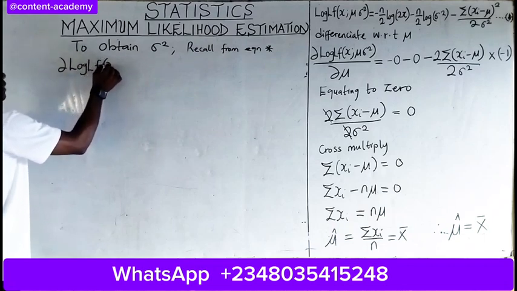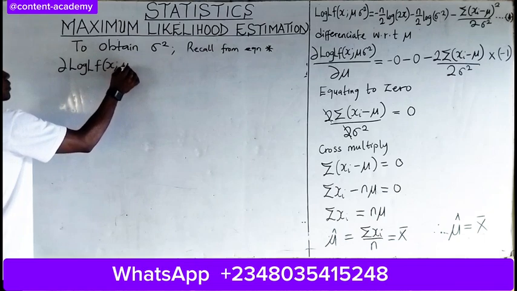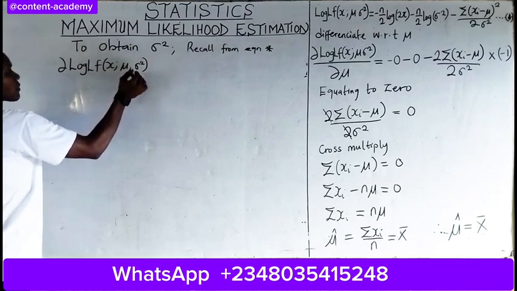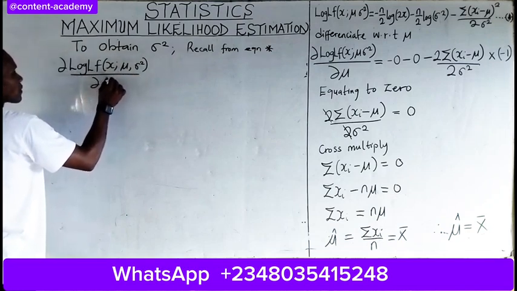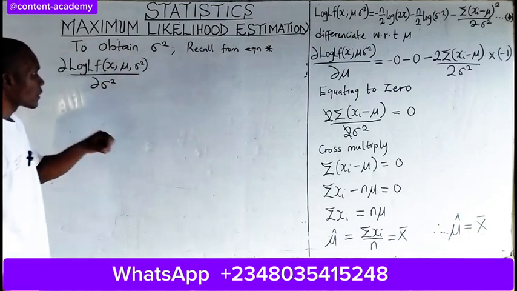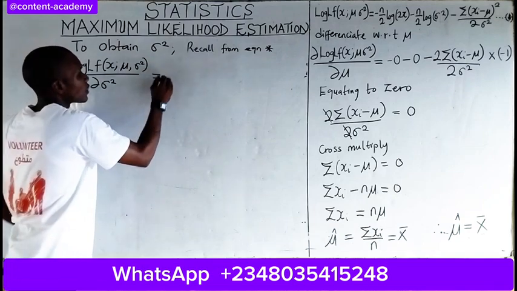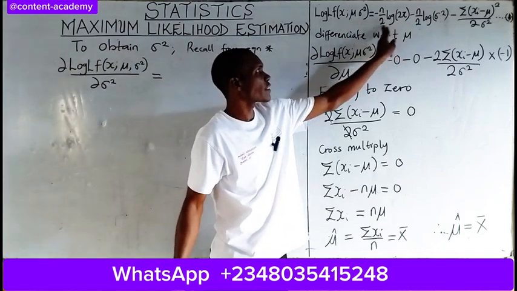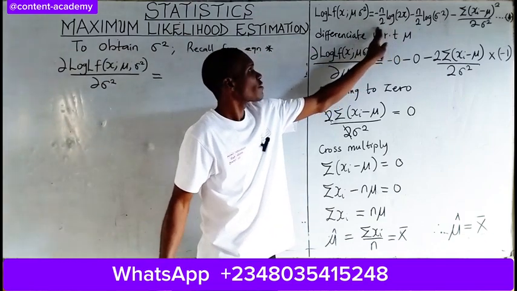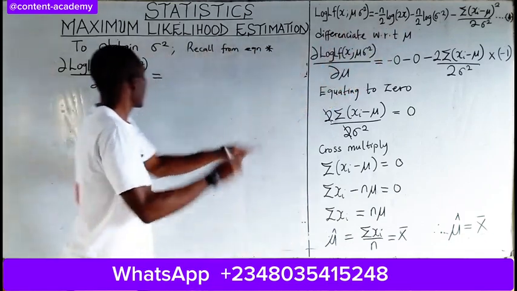So we have something like this, (x minus mu) sigma square all over sigma squared. Now, if we differentiate with respect to sigma squared here, of course we get 0 because there is no value for sigma squared here.